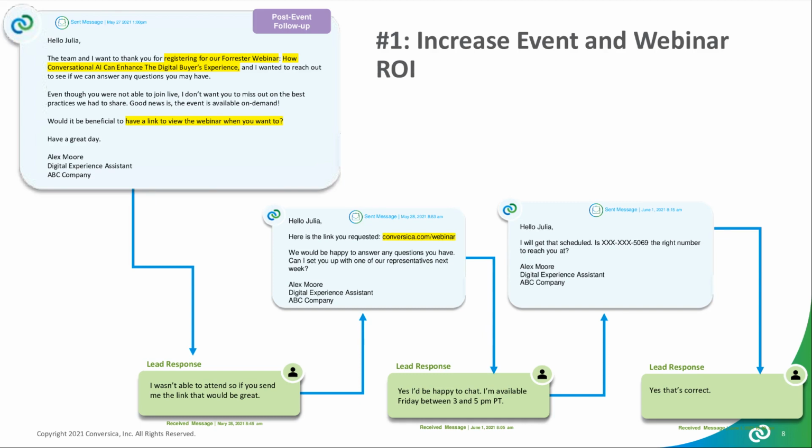Essentially, the way this is triggered is when the leads go into our marketing automation platform, we trigger these leads to be handed off to Conversica, and then Conversica takes it from there and starts outreach. Our AI assistant references whatever event or webinar the person had just attended and, to be helpful, asks, hey, would you like the link to the webinar or to the speaking session at the event that you missed?